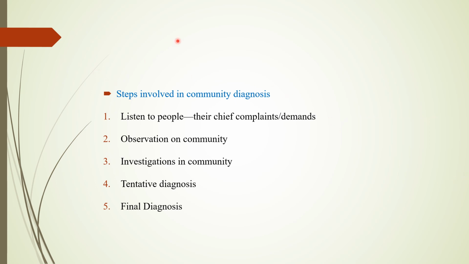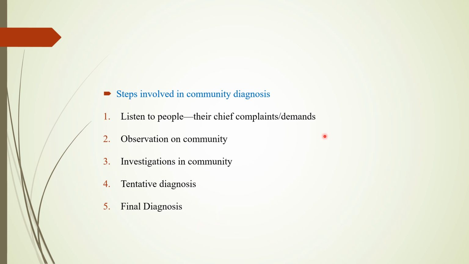Now, the steps involved in community diagnosis. The first step is listening to people, their chief complaints or demands. The second step is observation of the community. Third is investigation in the community. Fourth is tentative diagnosis.